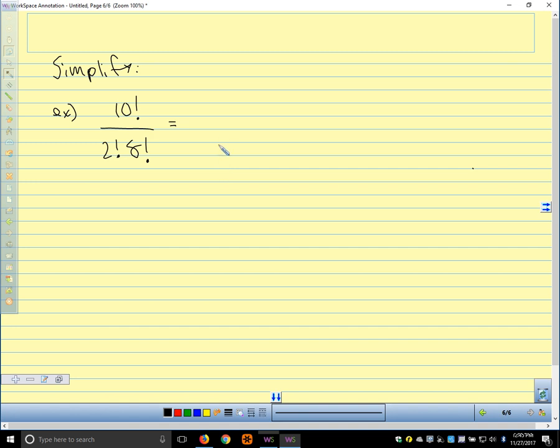So to simplify this, I'll just write out what they are. 1 times 2 times 3 dot dot dot times 9 times 10. And in the denominator, 2 factorial is just 2 times 1 times 2 times 3 times dot dot dot times 8.